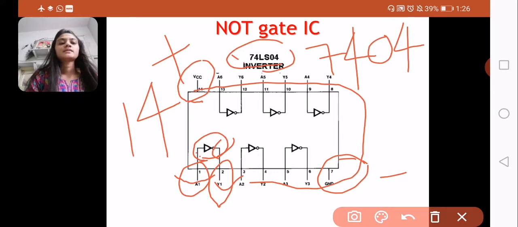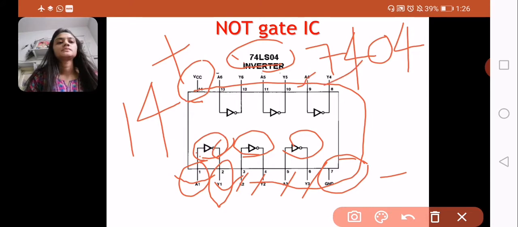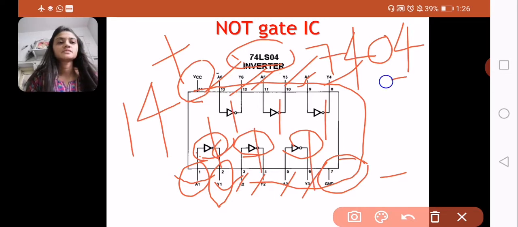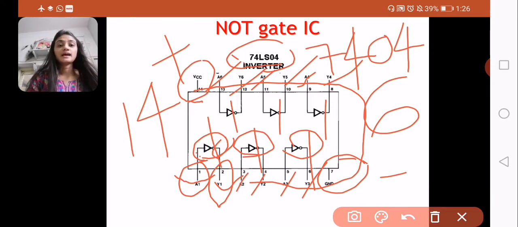In the same manner other NOT gate pins are connected, input output, input output, input output, input output, right? So in one IC how many NOT gates are available? 1, 2, 3, 4, 5 and 6. So total 6 NOT gates are available to use in a single IC.